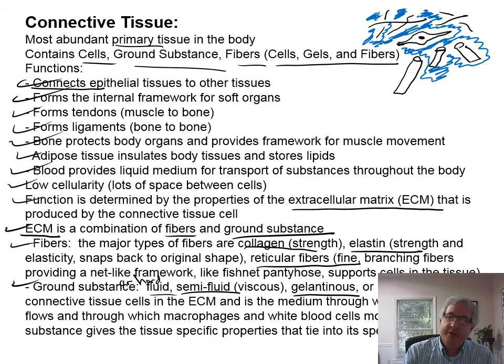So the cells produce both fibers and the ground substance. The ground substance is a liquidy type of substance through which other things can move, whether it's water or white blood cells. And then you have fibers that also make up the extracellular matrix, and they provide the function for the ECM.